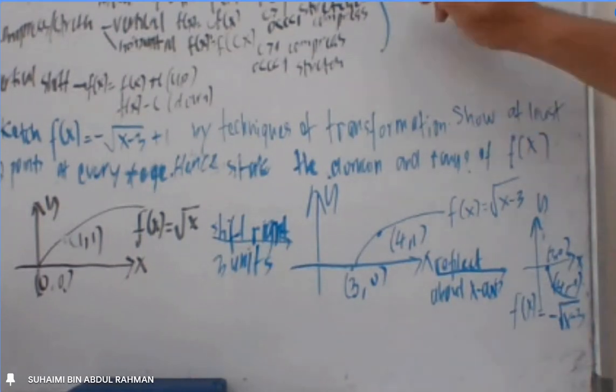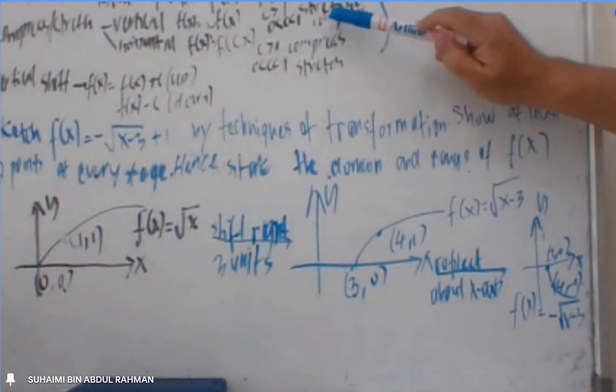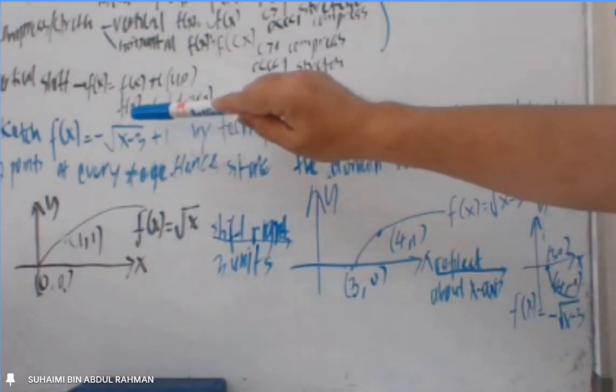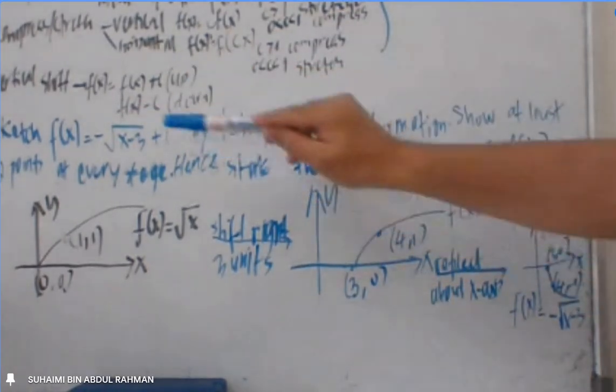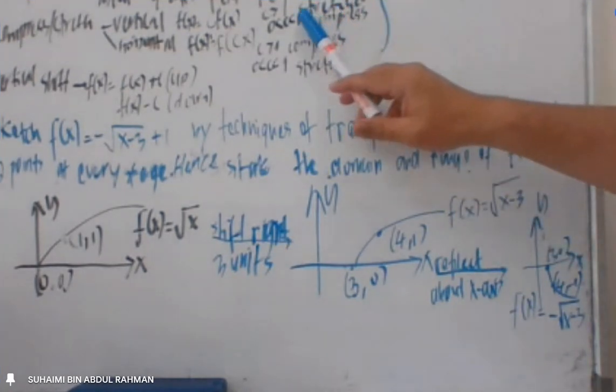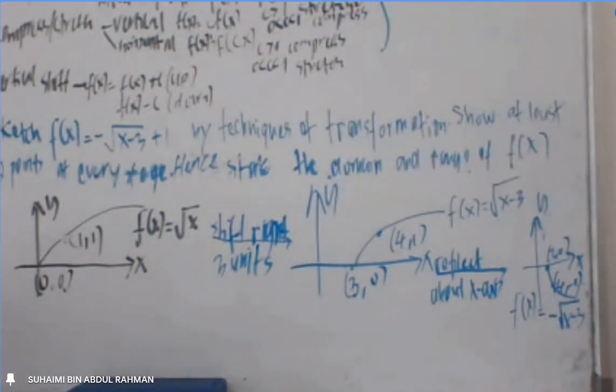We go to number 3. Is compress or stretch involved here? When you look at the function that we want to sketch, can compress or stretch be involved? No. We go to number 4. Is there a vertical shift involved here?